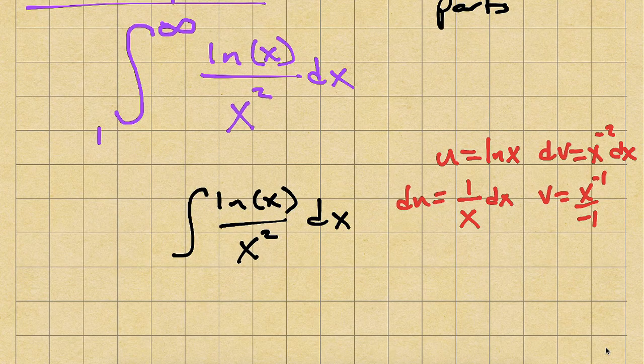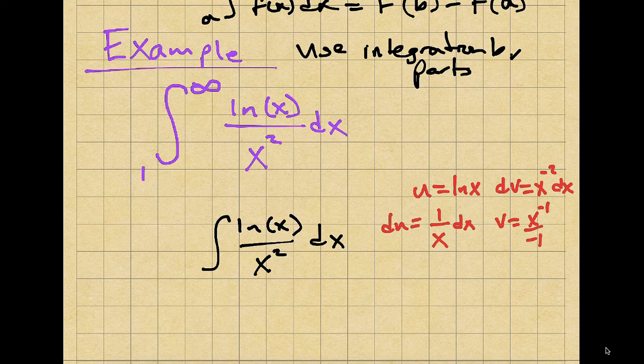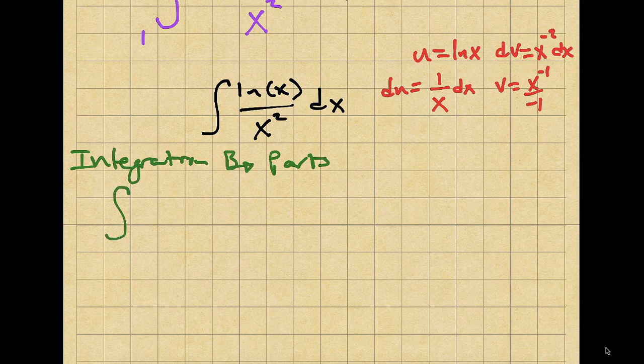So with that, remember, using integration by parts, if I back up and I do a little side note on this, remember the integral of u dv is equal to u times v minus the integral of v du.